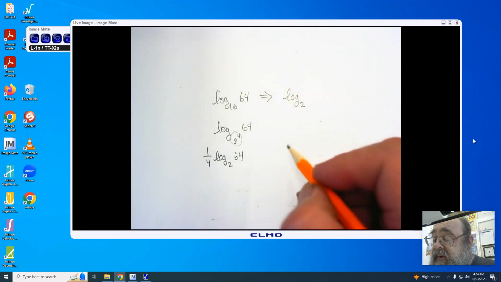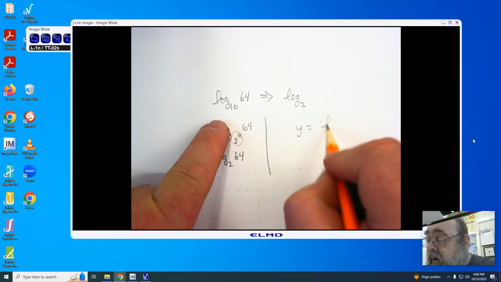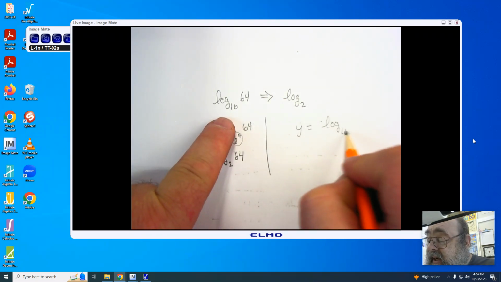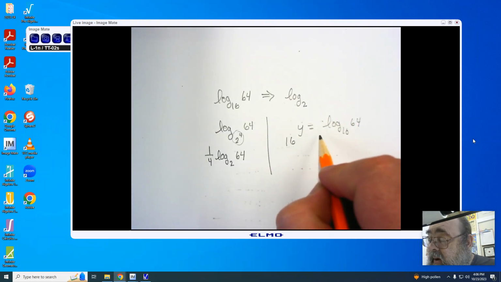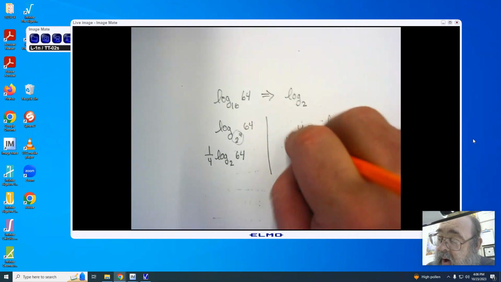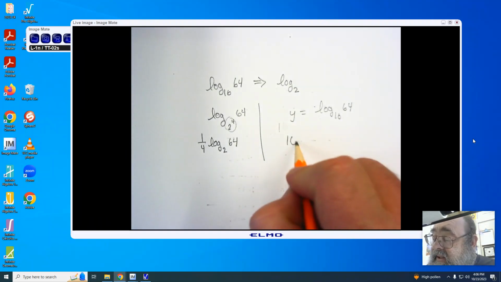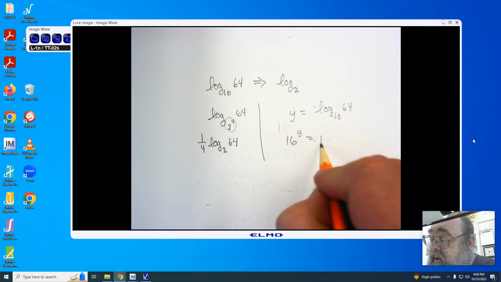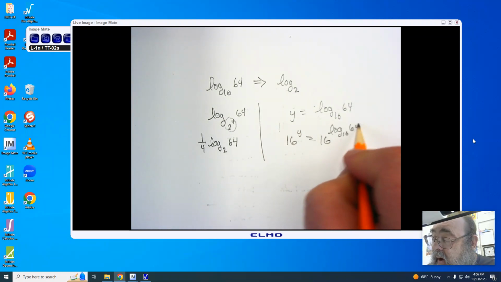Now, we can also work with exponentiation by saying let y equal log base 16 of 64, and then we can take it to the 16th power. So let me make sure I do this in the correct way: 16 to the y is equal to 16 to the log base 16 of 64.